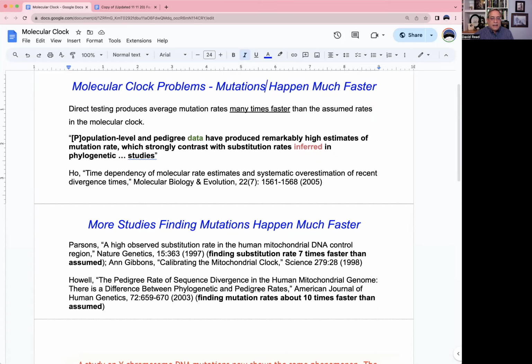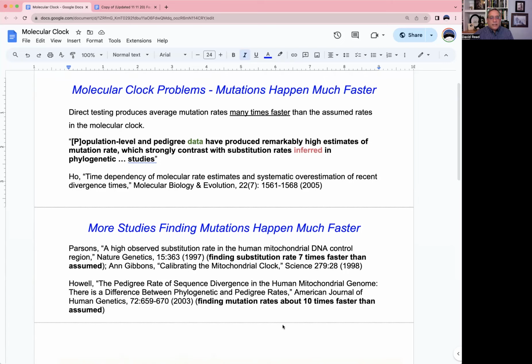This one and their data found mutation rates 10 times faster than what was assumed and used in the molecular clock. So if you use these actual mutation rates and data, then the time frames that you would be looking at for migrations would be 1/7 or 1/10 as long.